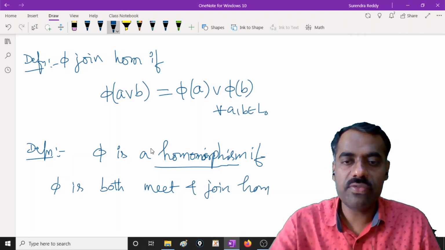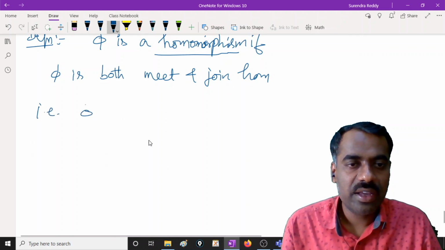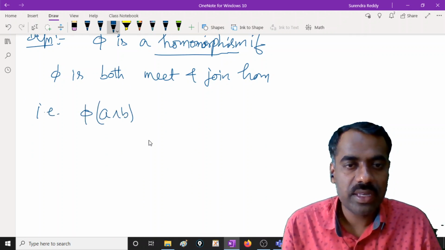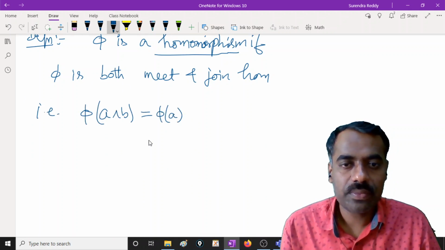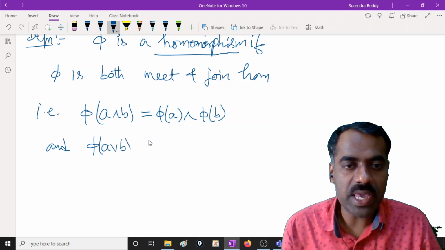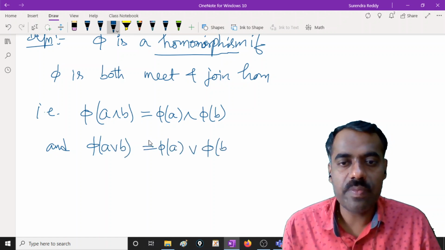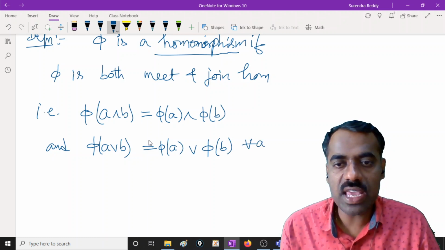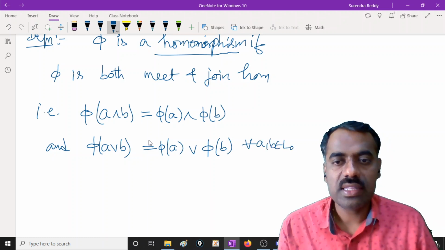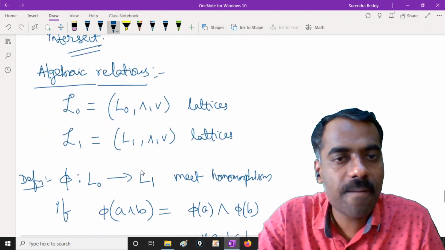Combining mathematically, phi of A meet B is phi of A meet phi of B, and phi of A join B is phi of A join phi of B. If it is true for every A and B in L0, then we say it is a homomorphism between lattices. Is this clear?